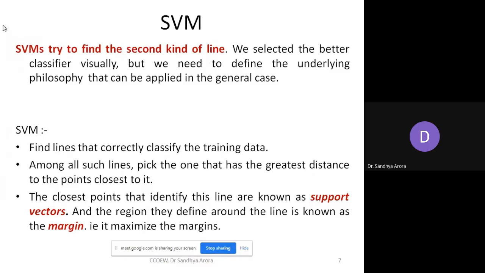So SVM finds the line which correctly classifies the training data. You have multiple lines. SVM picks only the line which has the greatest distance to the points closest to it. The points which are closest to it are called the support vectors, and the distance of those points from that plane equation is called the margin.